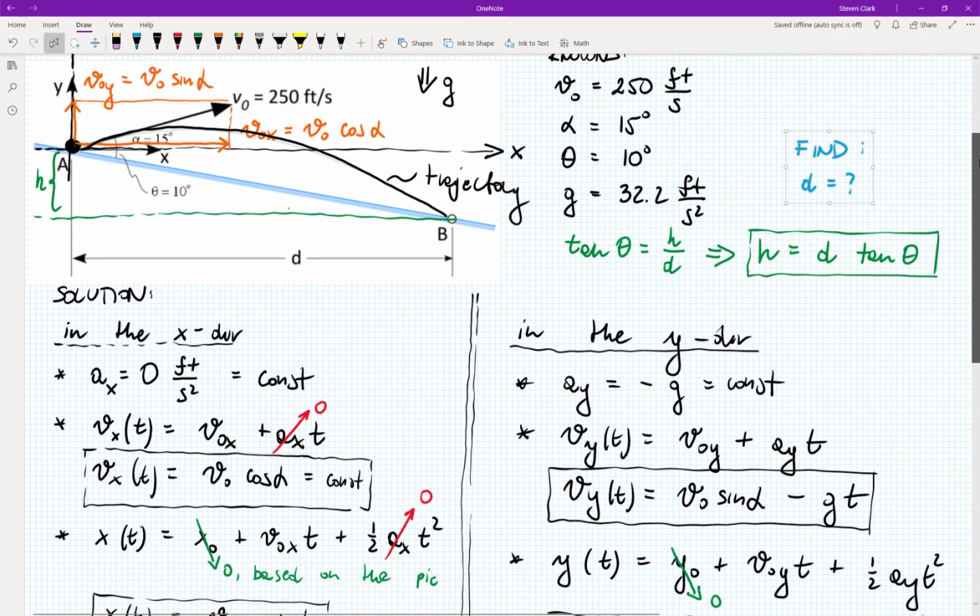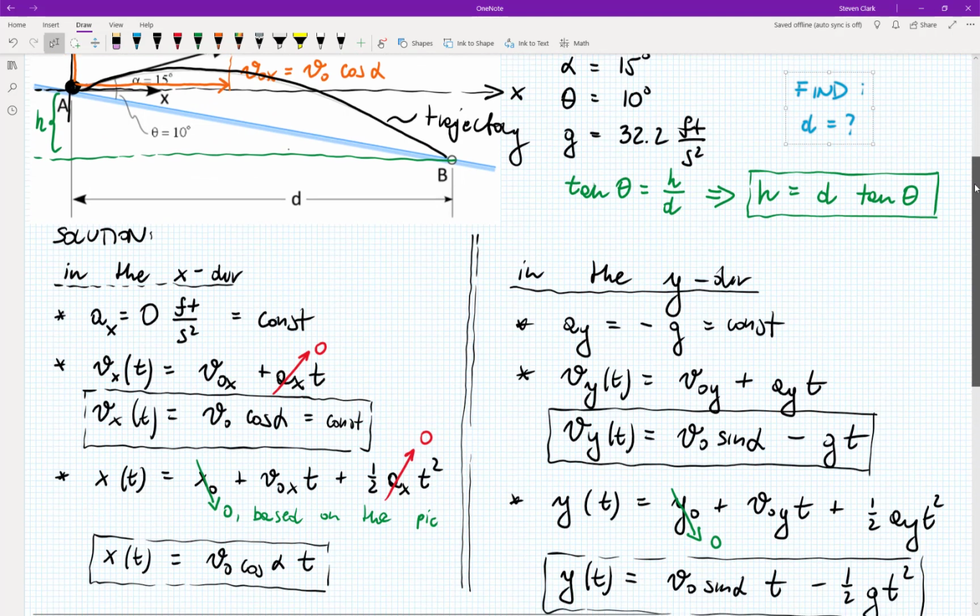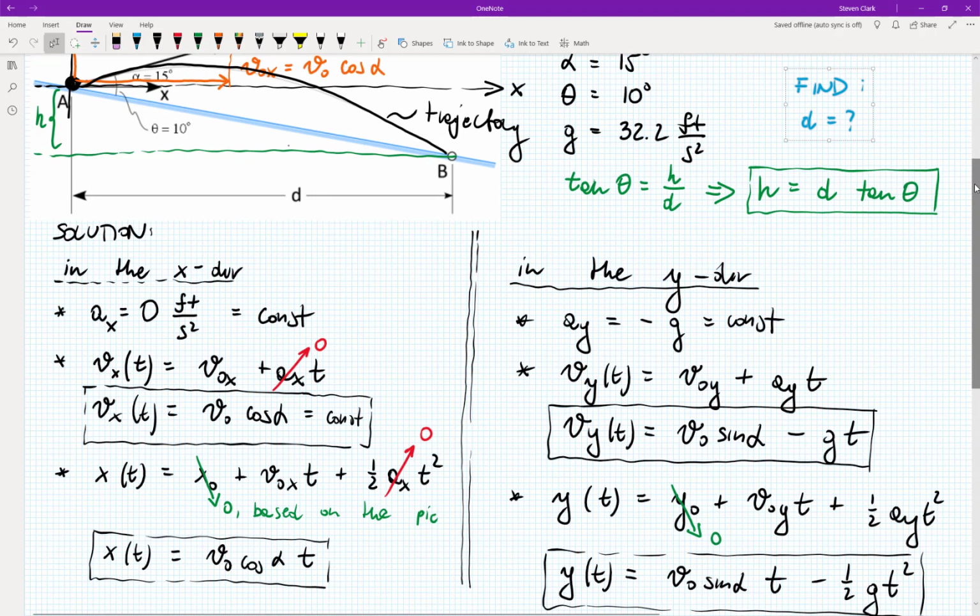Yes? So I would like to give you the mic. Once you have these 4 expressions in the black boxes, what's the strategy? How would you find d? Yeah. Sean, you want to do it? Okay.